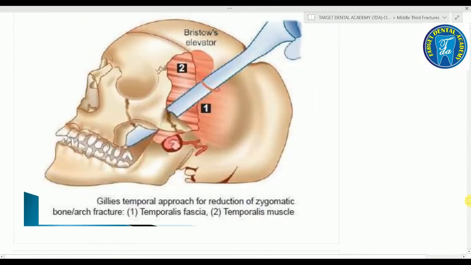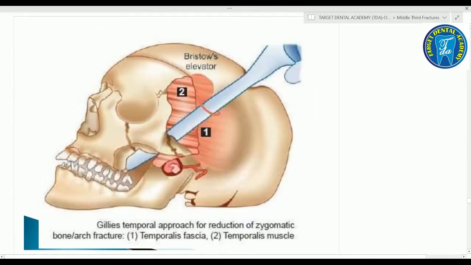Now let's discuss the steps of the temporal approach for the reduction of the zygomatic arch. But before discussing in detail, let me tell you briefly about this complete procedure. This is the Bristow's elevator which we are going to use in the Gillies temporal approach.